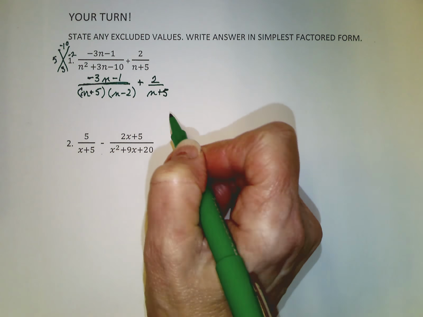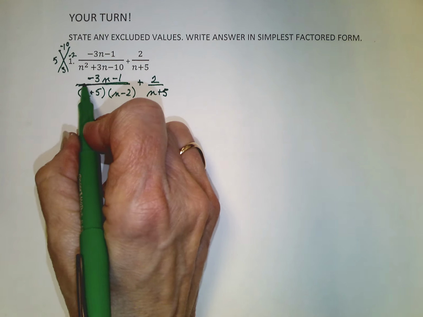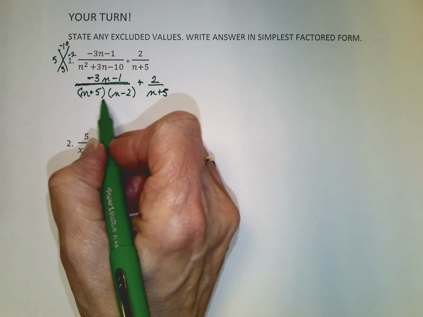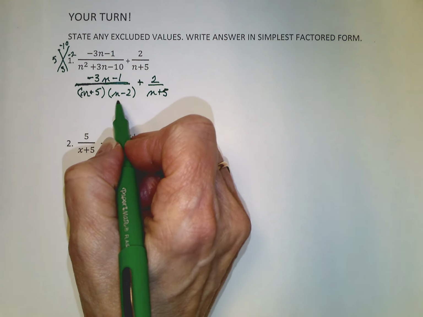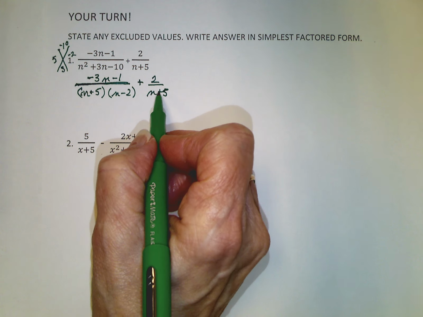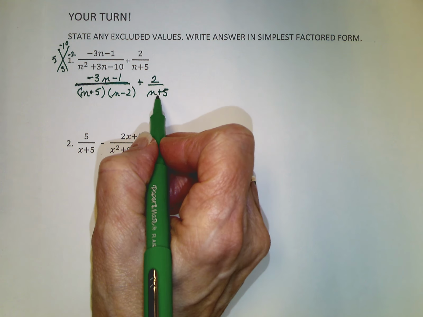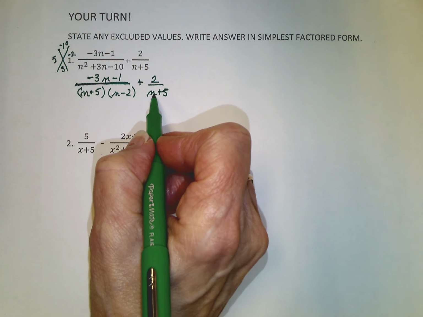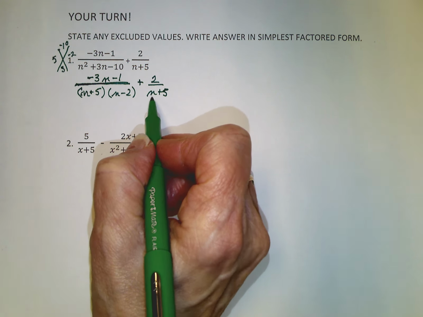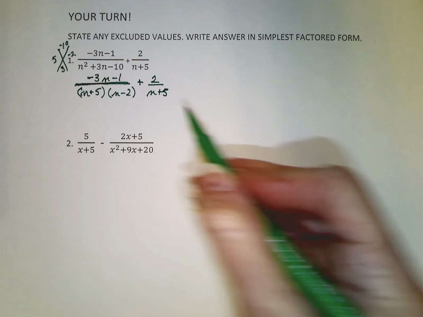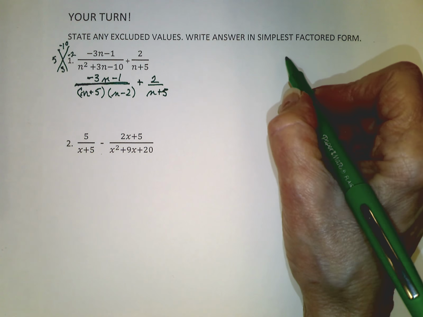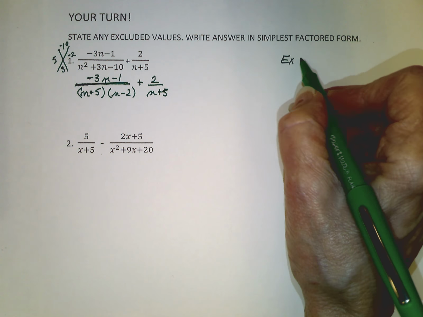But we're not going to add it yet because we have to take into account that there may be some values for n that make these fractions unreal. If the denominator turns out to be 0, then the fraction makes no sense. So we have to be sure to state our excluded values.